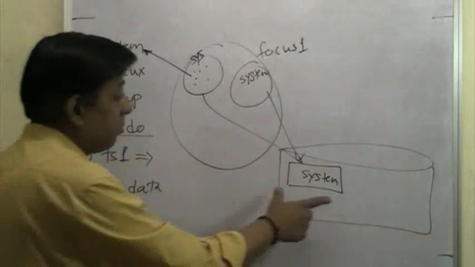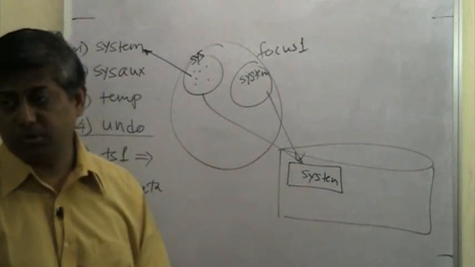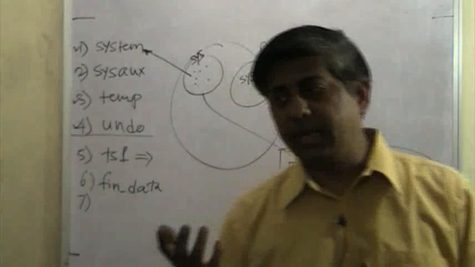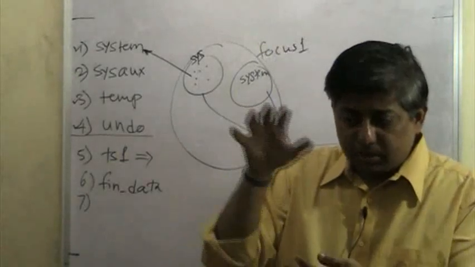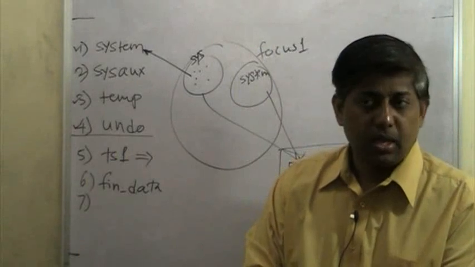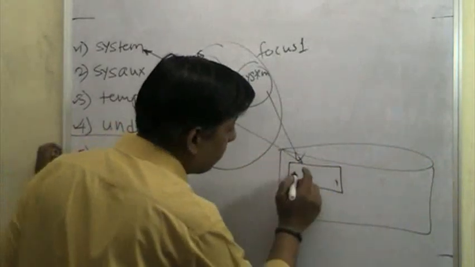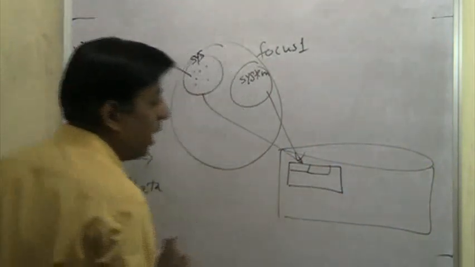So that's why system table space is very important, because it contains data dictionary views. Your DBA underscore tables, we have seen a data dictionary view, DBA underscore tables. What is it? It's a view which is sitting on top of certain tables, and those tables are having their extents in this table space. So the first extent of that table is here, the second extent of that table is here, and so on.